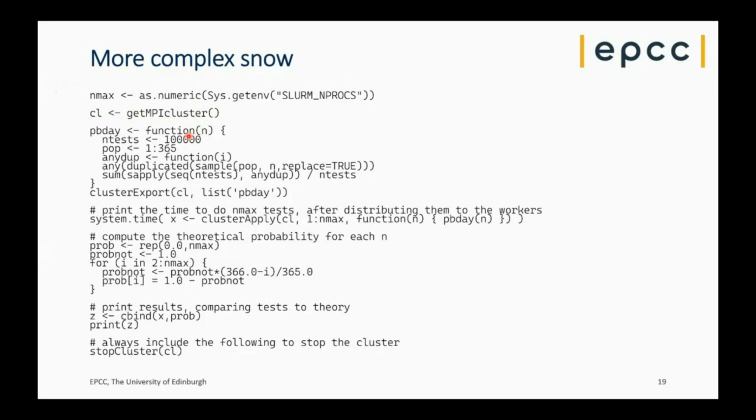I can set up my MPI cluster, and then I can do more complicated things inside the thing here as well. So I create a function which does a bunch of tests. I export a data set out. So this is a function which is going to be run in parallel to create my data set. And then I can apply that function to the cluster like this.